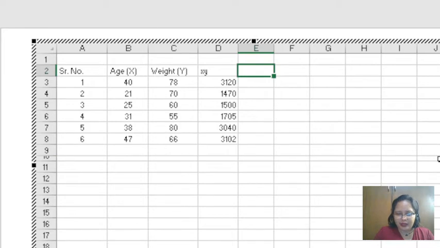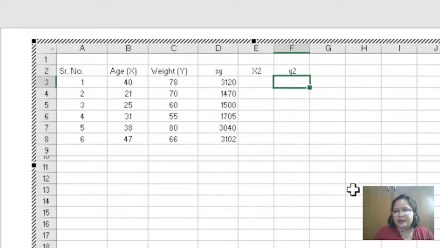After that, we have to get the x squared, or the summation of the x squared. And later, we will be going to get the y squared.